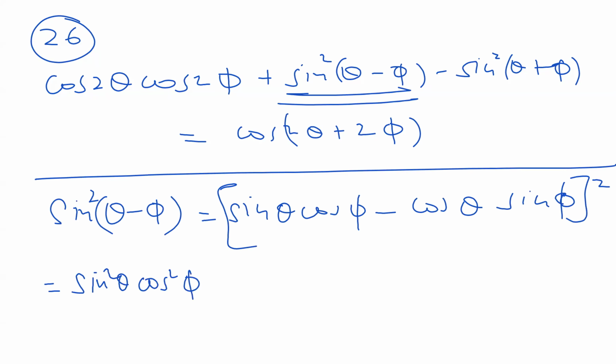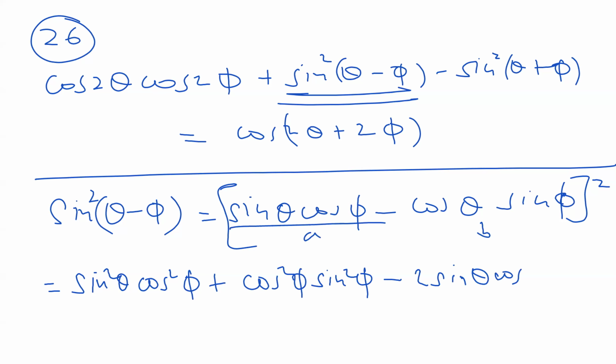I'm applying a minus b the whole square: a square plus b square minus 2ab. So sine theta cos phi is a and cos theta sine phi is b. This entire term is a and this is b. So this is sine square theta minus phi.